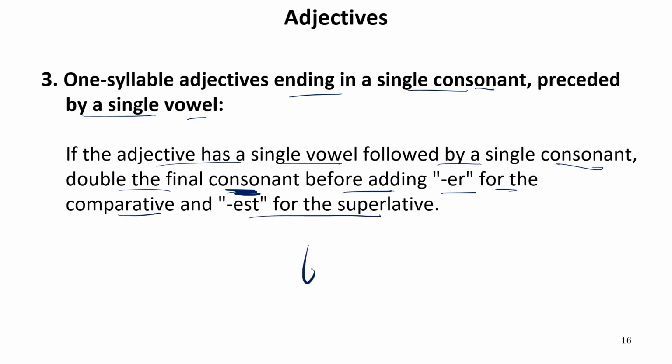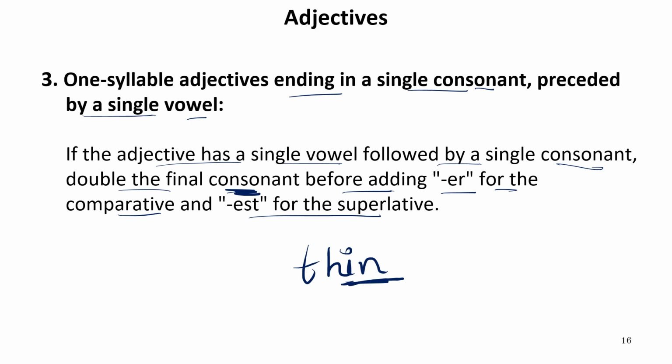For example, if we have the word thin, in this we can say that IN is only one syllable. After I, there is only a single vowel, and it is just ending with a single consonant. It means after N we do not have any further consonant.